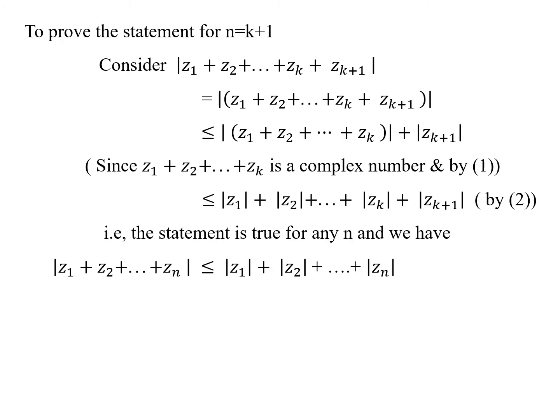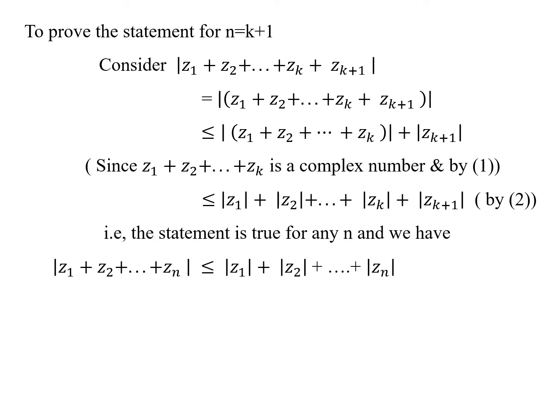So it is considered as z1 plus z2 plus z3 etc. up to zk as a single term and zk plus 1 as the next term. Again by the triangle inequality, it is less than or equal to mod of z1 plus z2 plus etc. up to zk, plus mod zk plus 1.